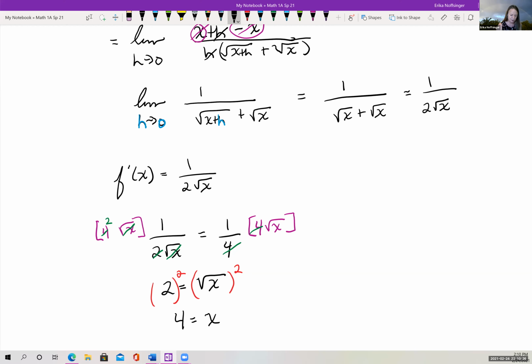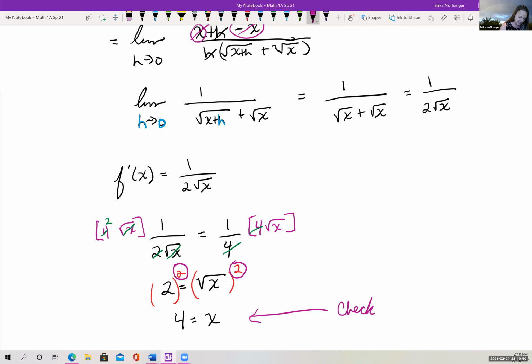We have to be careful. Recall, if you raise both sides of an equation to an even power, which we did, we might get an extraneous solution that doesn't work. So we need to check this. Let's go back up here. Where was our equation?